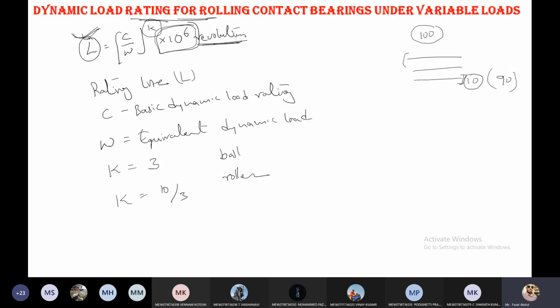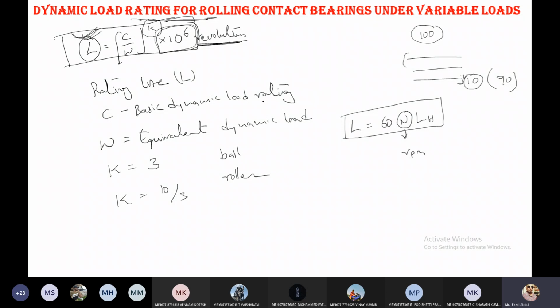This L value is given in millions of revolutions, but to express the life of the bearing in hours, the relation is L equals 60 into speed into LH. This is the relation between hours and number of revolutions, where n is the RPM. Whatever equations I am writing here are going to be used in solving the problems, Babu.